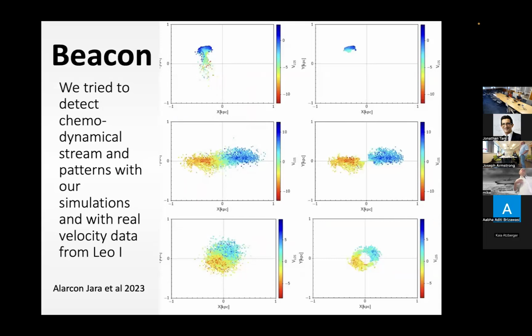No. Well, it's an analytic halo, so in the simulations it doesn't. But yeah, I think dynamical friction is not that effective on stars which are spread around.